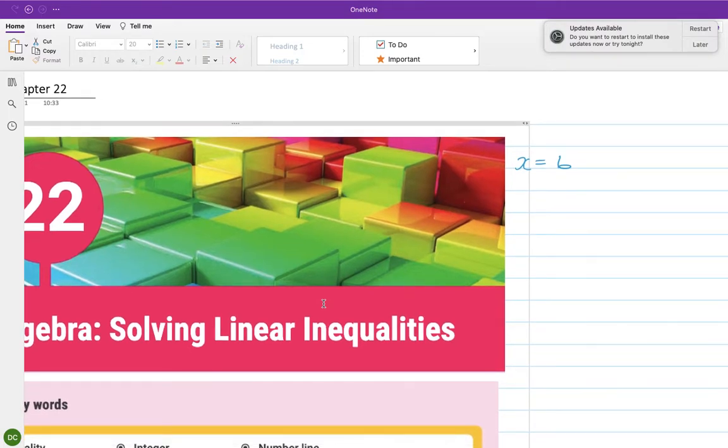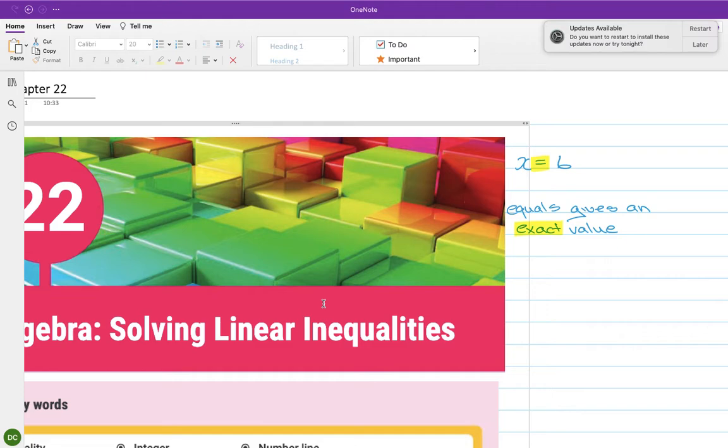If you are told, or you figure out, that x equals 6, equals gives an exact value. So you have this variable x, and when we solve the equation, we know that x is 6.